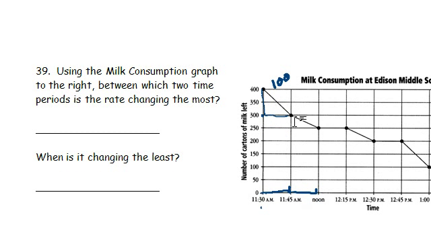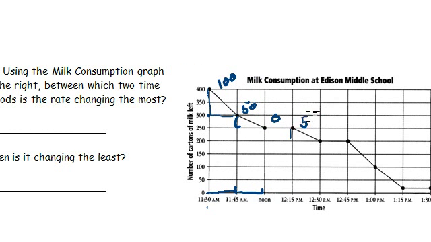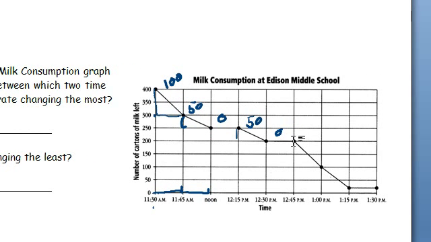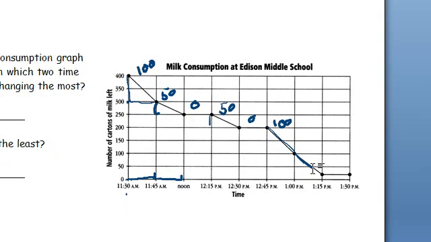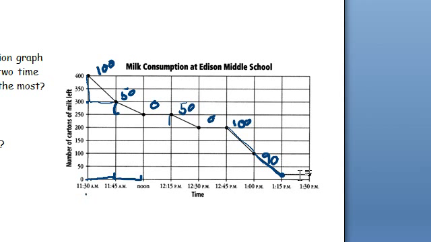Between that period, it looks like 50 were drunk, 0 were drunk here. Looks like another 50. Looks like 0 from there. From here to here, it looks like another 100. Then from here to here, not quite 100, maybe like 90. And then from here to here, 0.